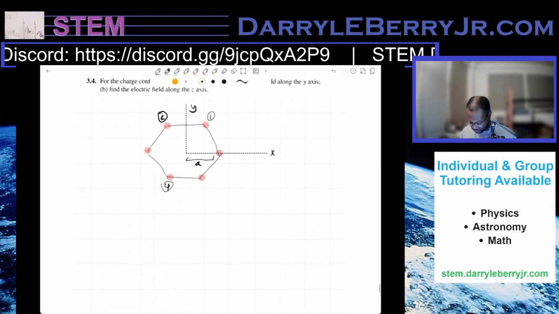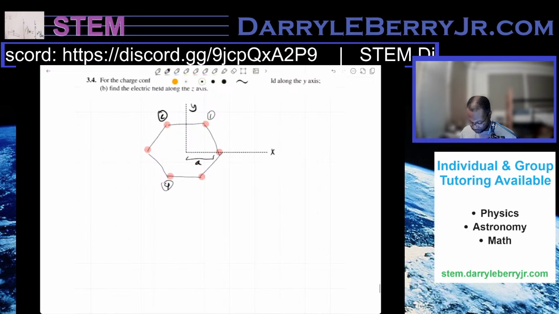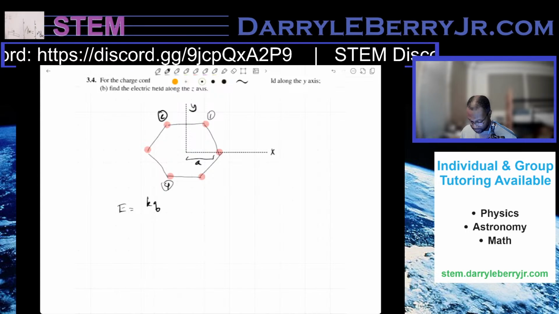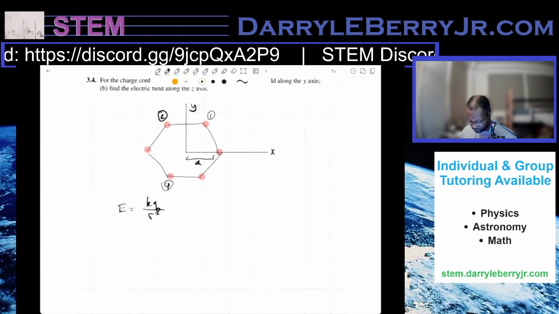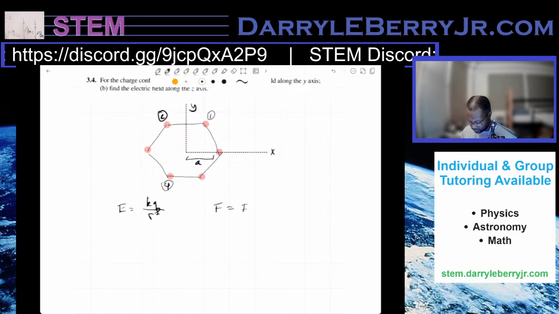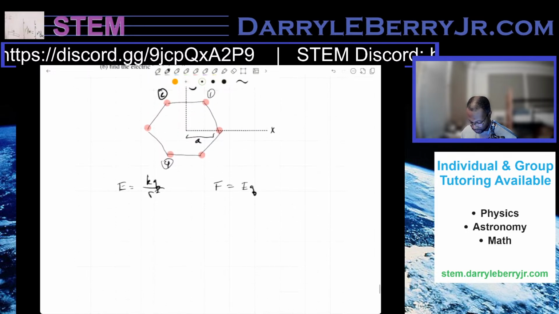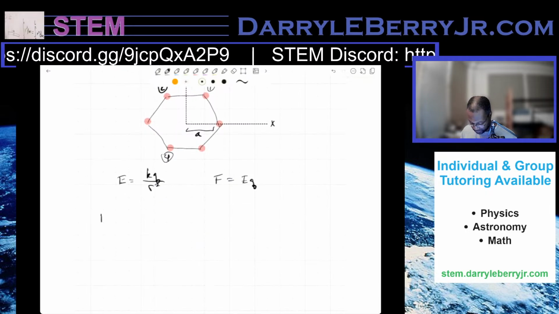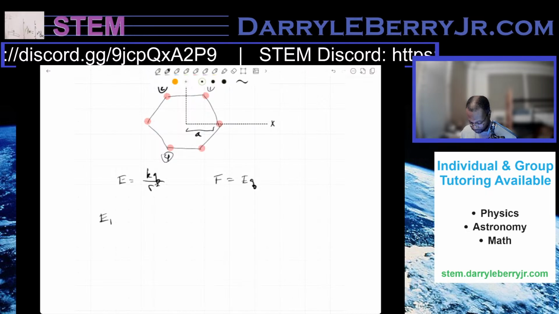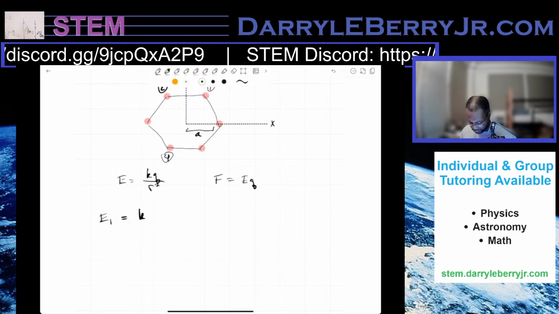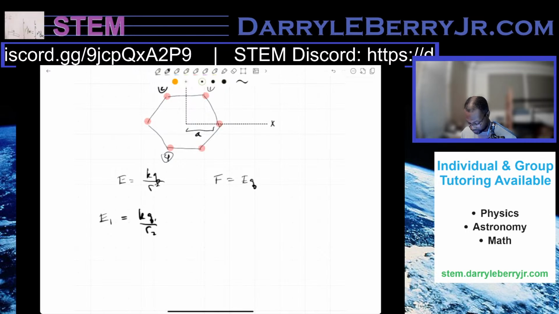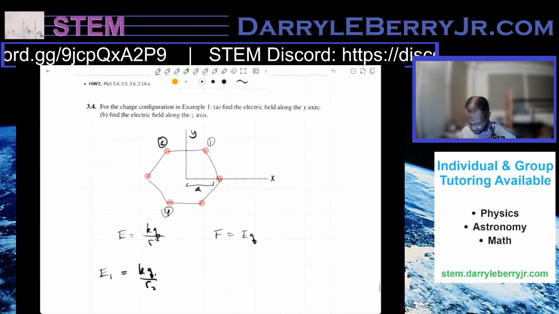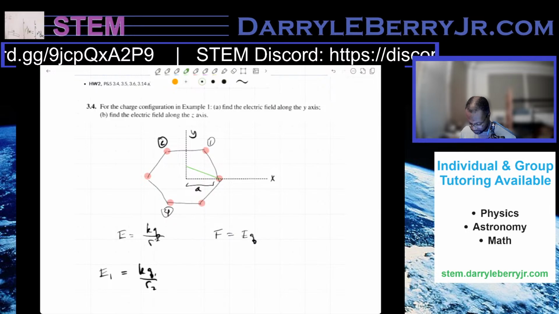We know that by default, E equals K Q over R squared, and F equals EQ. In this case, if I take, let's say, E1, that equals K Q1 over R squared. But R squared changes, so R squared is whatever that is.